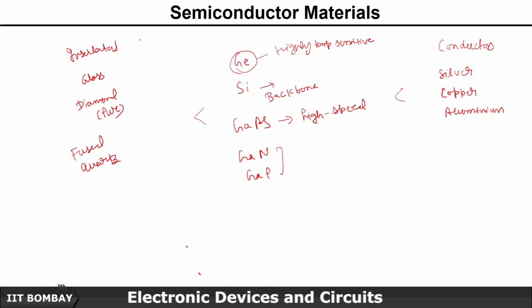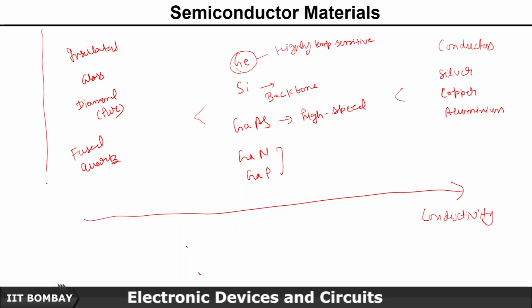So the resistivity of conductors is lower than the resistivity of these semiconductor materials, and the resistivity of insulators is higher. Conductivity is the other way around. If I draw the conductivity on this axis and resistivity on this axis, it goes the other way around, like resistivity is higher in this direction.